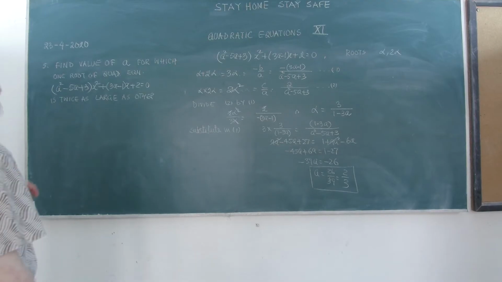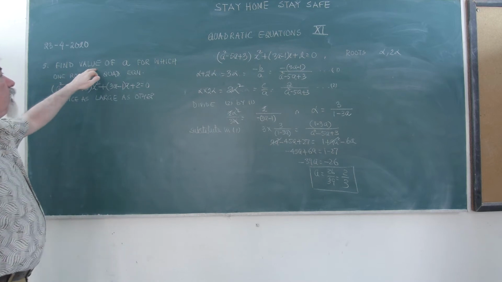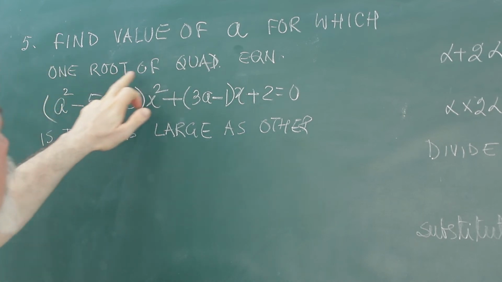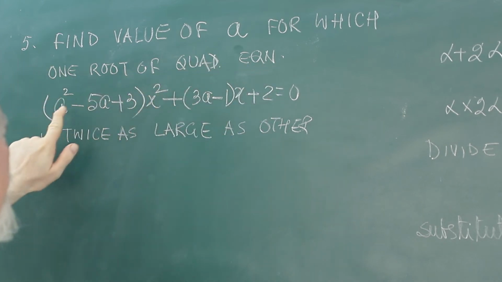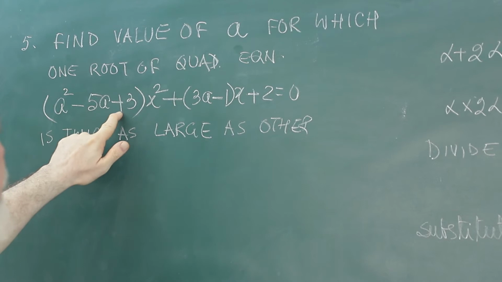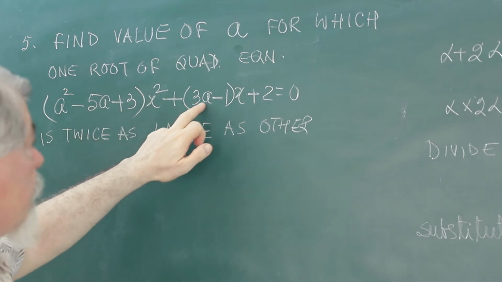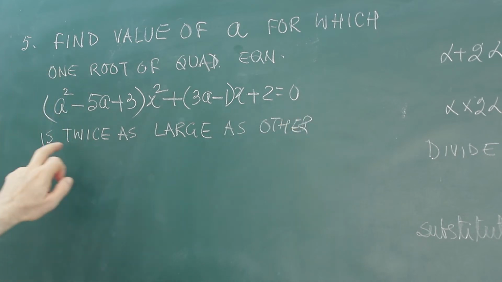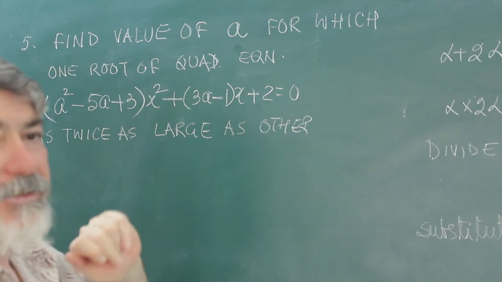Let's look at the next question. Find the value of a for which one root of the quadratic equation (a square minus 5a plus 3)x square plus (3a minus 1)x plus 2 is equal to 0 is twice as large as the other.